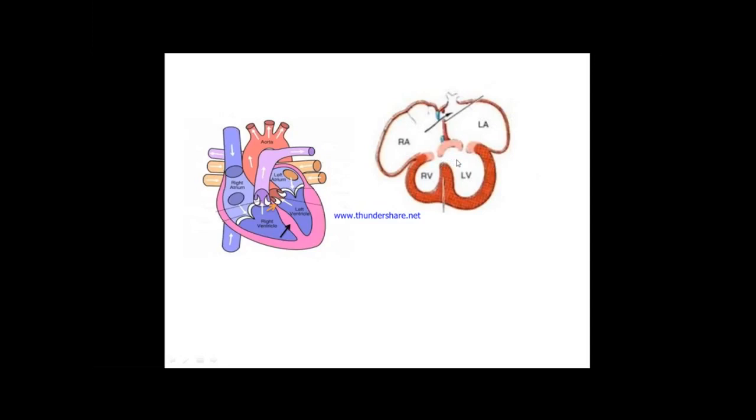This interventricular foramen is closed by the membranous portion of the septum, which develops from endocardial tissue from two sources, one at the top of this muscular septum and also from the septum intermedium.